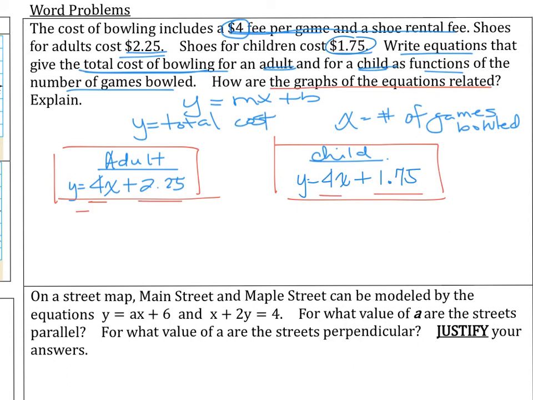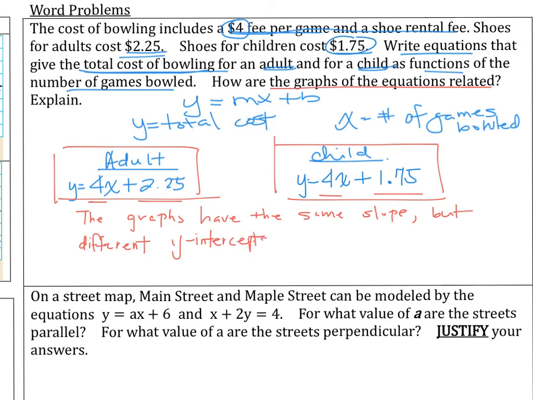Therefore, we can write that the graphs have the same slope but different y-intercepts, because the fixed cost for shoes between adults and children are different.